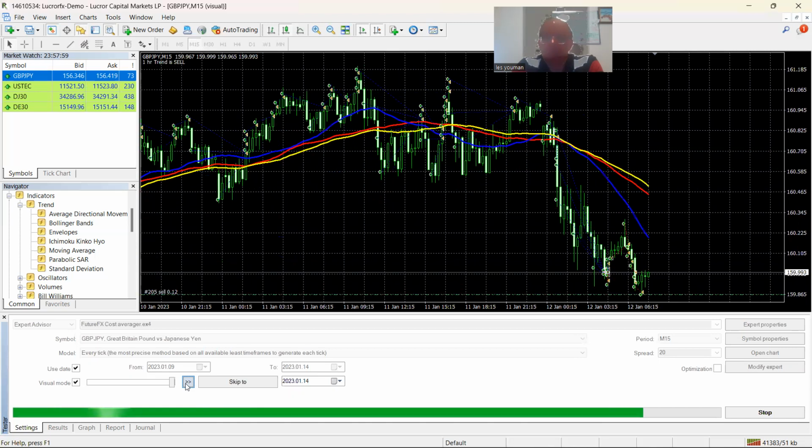Here we go. There we go. The trend just changed to sell. And these 1, 2, 3, hard to tell, 4 or 5 trades I had open, they all got closed out right here as a loss.